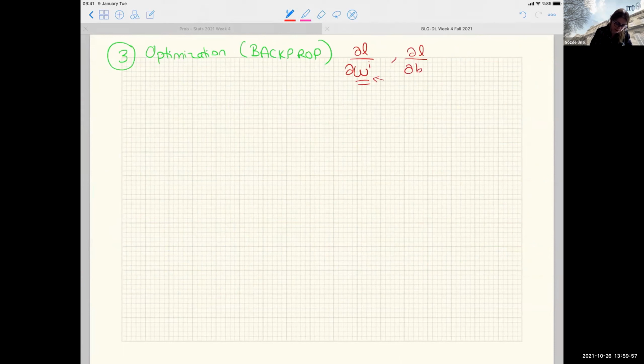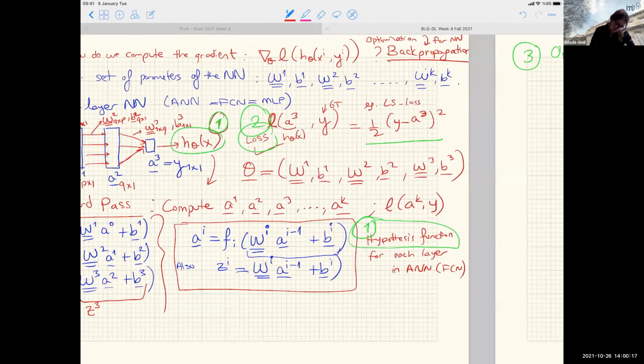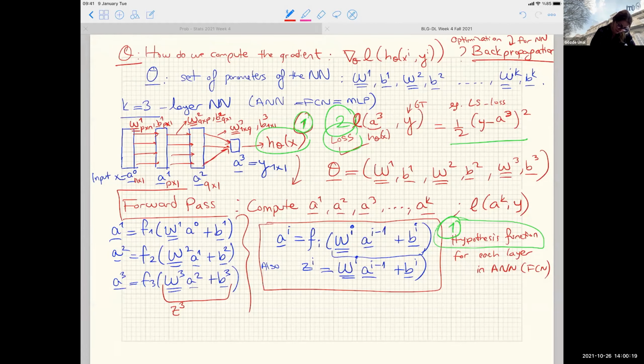The loss function is a scalar function, and it's with respect to a vector, which is maybe more manageable. This is equivalent to what we've been calling the gradient, mainly we called it in this way. Now, forward pass, we know, we do this.